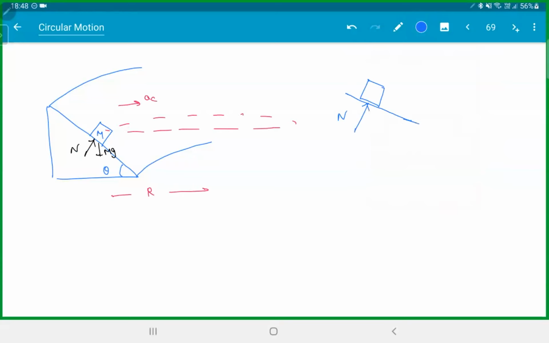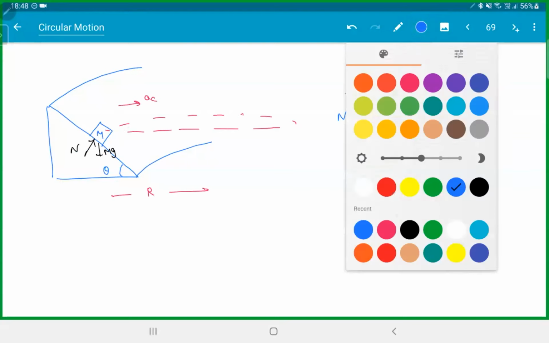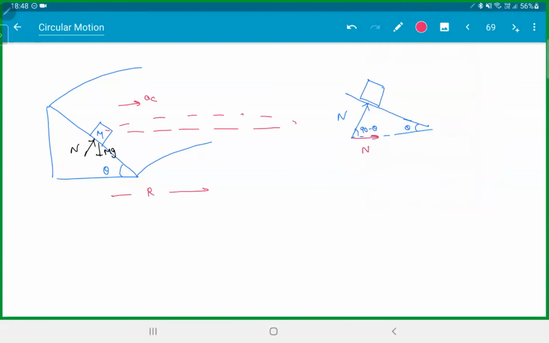This is the normal reaction. This is theta, this is 90 minus theta. So components will be n cos(90 minus theta), so n sin theta, n cos theta, mg, and centripetal acceleration. So here n sin theta is providing the centripetal force. Did you see? Centripetal force depends on n sin theta, and n cos theta will be mg.